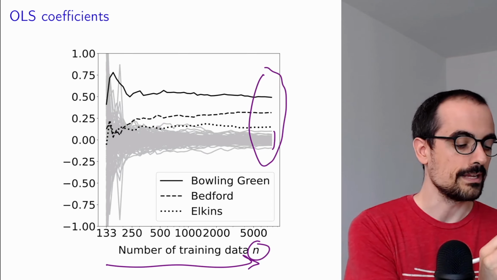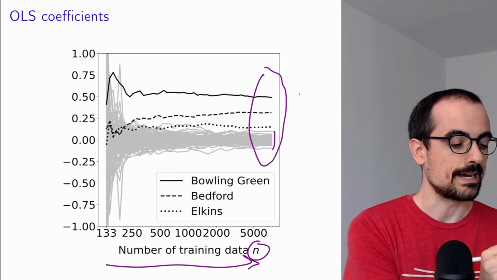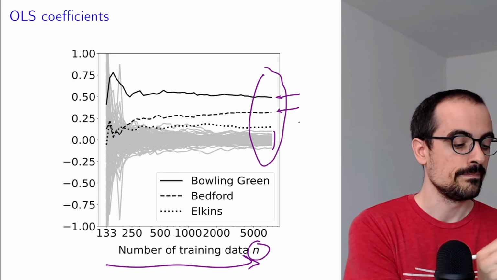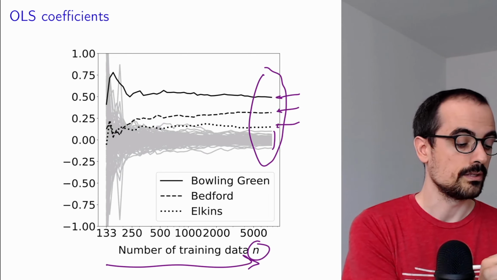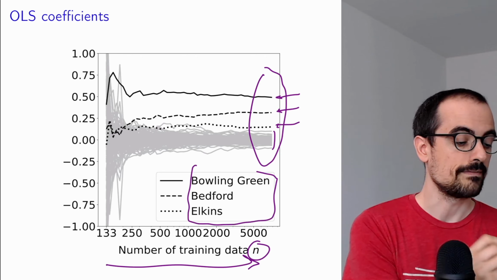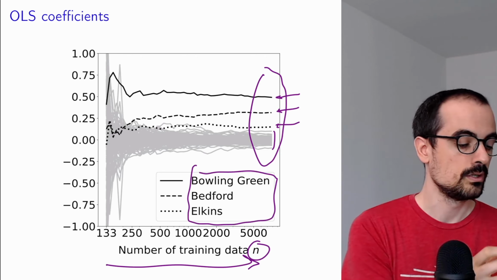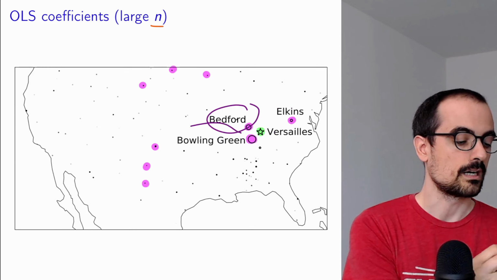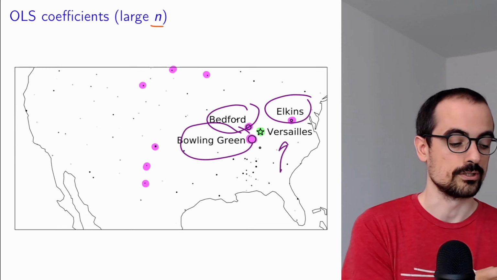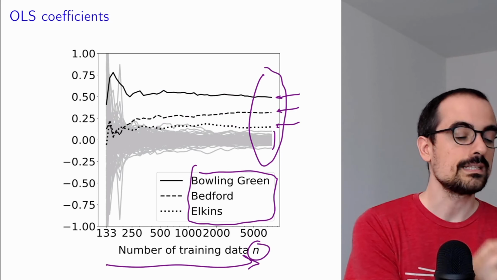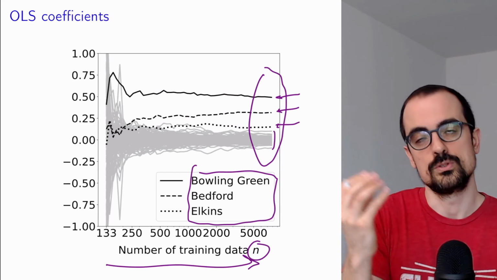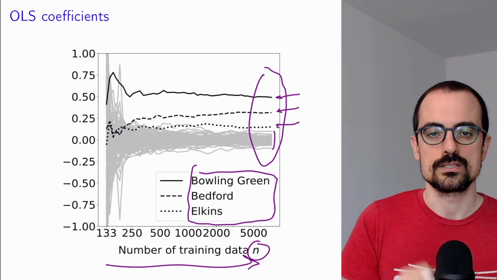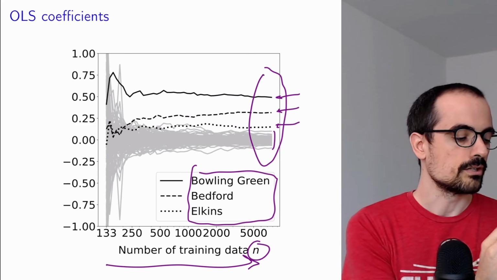Most of them are gray and they're quite small, and I've highlighted in bold the three coefficients corresponding to the three geographically meaningful locations, which are these three, that are close to the response. When we have a lot of data, the linear model makes a lot of sense. It basically just mostly uses locations that are close to the location of the response.